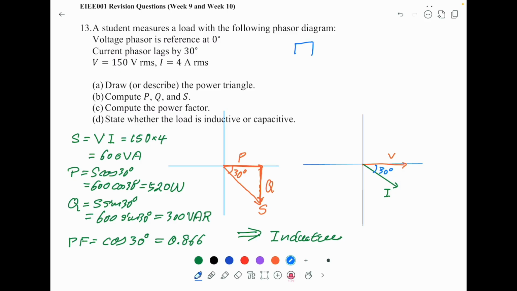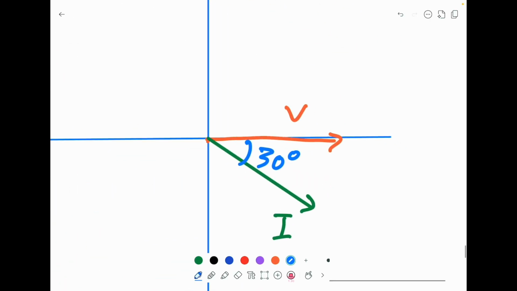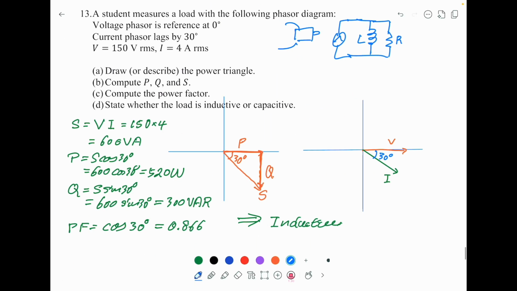Say for example a motor, and so you will model the motor as an inductor in parallel with a resistor, R and L, and this is the source. In this case, they have the common voltage, so that's why we put the voltage here alongside the common, and the current is here.